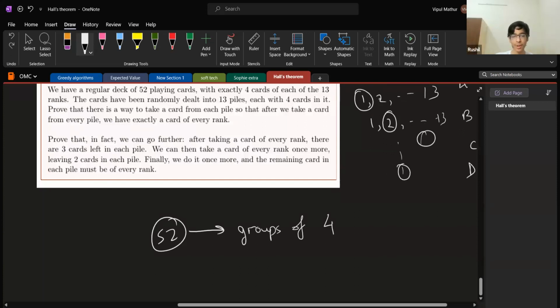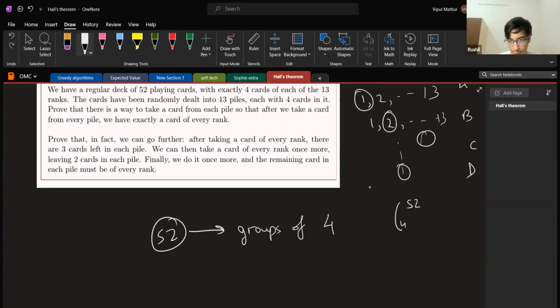You're splitting 52 into lots of groups of 4. I think the notation for that is 52, 4, 4, 4, and so on, but I'm not sure. There are lots of ways to do it, and we're not looking into how many.